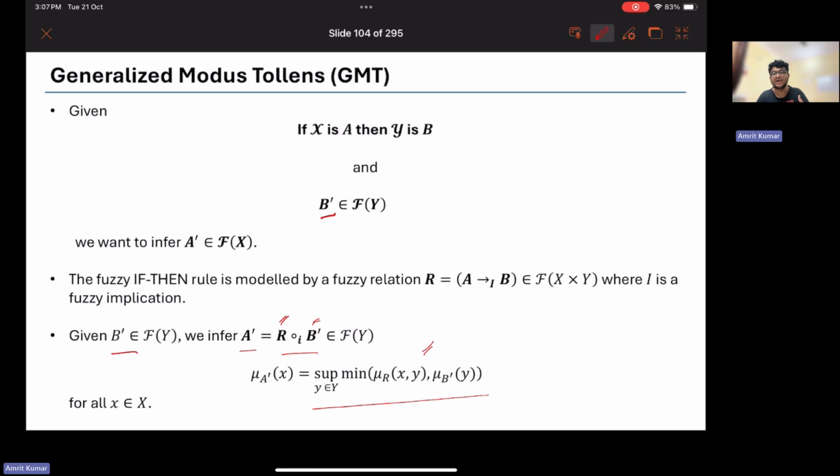And then you look at what happens when that conditionality exists in the form of a crisp relation and not necessarily a functional relationship. And from there, you generalize to what happens when this conditionality exists in the form of a fuzzy relation, right? So I would encourage you to go back to the classical setting and convince yourself that this is an appropriate formula for A dash. I'm not going to do that because I've already done that for GMP.